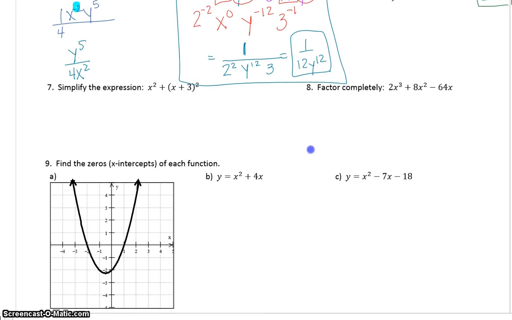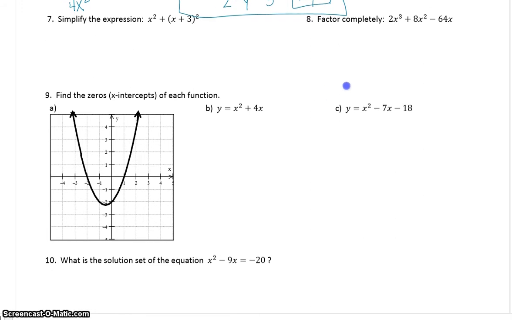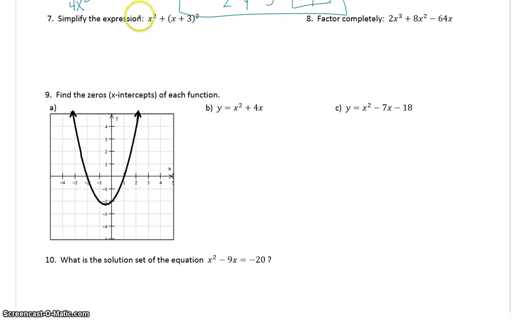All right. Number 7 is kind of working backwards here. We're going to write this out as x squared plus x plus 3, x plus 3. This does not distribute in because of the plus sign. We are going to distribute this all out or FOIL it, however you want to think about it.